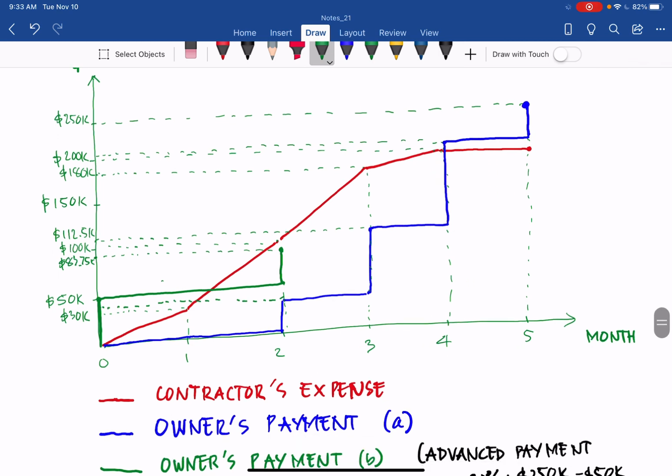So we have up here 162,500 as the amount. So 50,000 plus the cumulative in the first scenario A. You have that one, so that scenario will go up there.